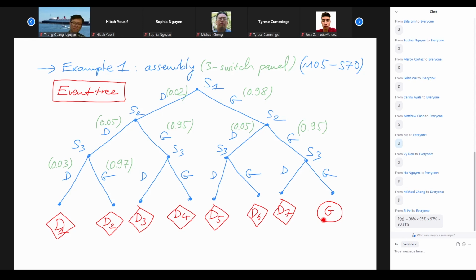Okay, so see, you are very fast. You are right. So in this case, we as a manager want to know the probability of being good and the probability of being defective. And if we calculate the probability of being defective, you see that we have a lot of workload here. We have to calculate it many times and then add these numbers up, right?